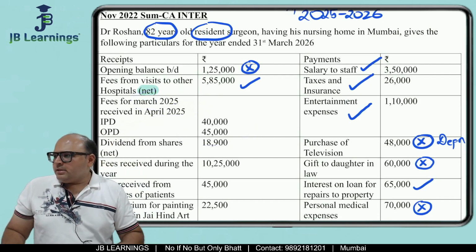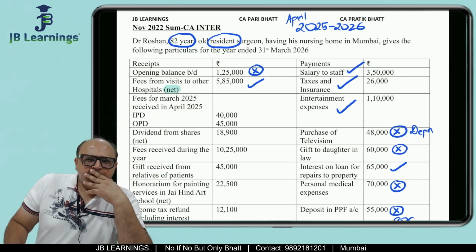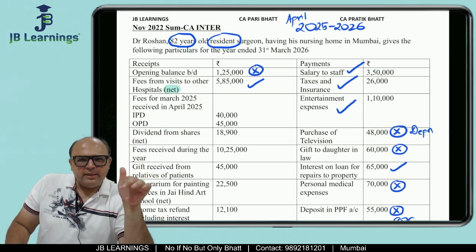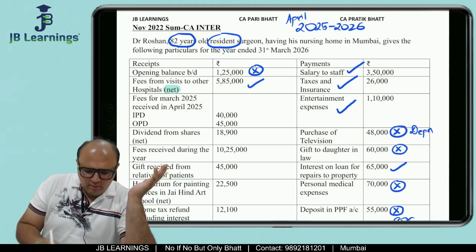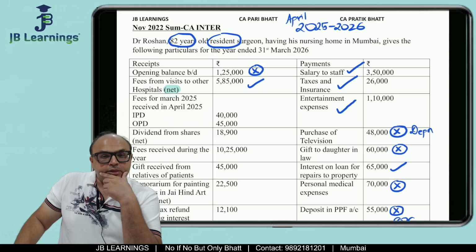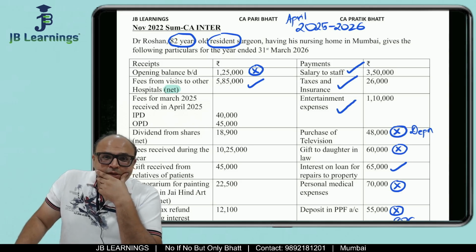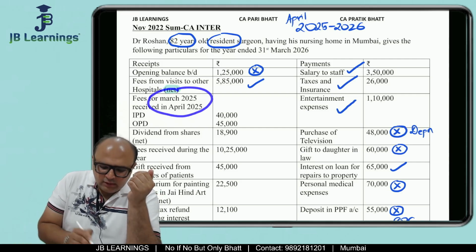So it means this is some fees which is related to last year. Last year some patient would have come. This doctor assessee must have given some services, but last year's fees is received now. Now what are we supposed to do with this? If we would have followed the mercantile system of accounting, this is last year's income.